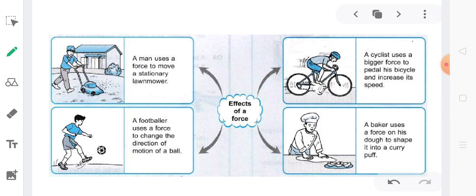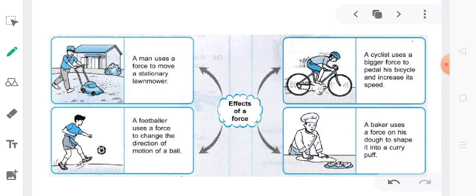Similarly, we can apply force on a bicycle in order to stop it by applying the brakes. Second, a footballer uses a force to change the direction of motion of a ball. Now you can also cite the example of a hockey match where so many players are changing the direction of the ball with the help of their hockey sticks. A baker uses a force on his dough to shape it into a curry puff.